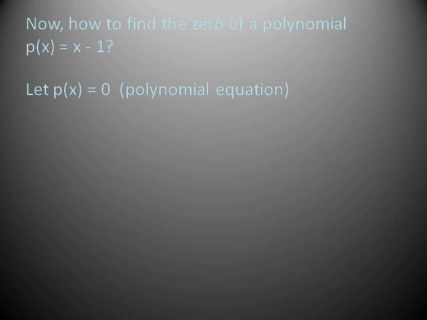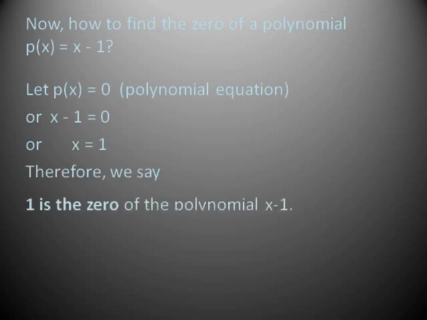So this is called a polynomial equation. Okay, so for the zero of the polynomial it is important that the value of p(x) should be 0. So we have taken here p(x) equals 0, which is called a polynomial equation. So here x minus 1 equals 0. Now very easy, taking minus 1 to the right side, we get x equals 1.